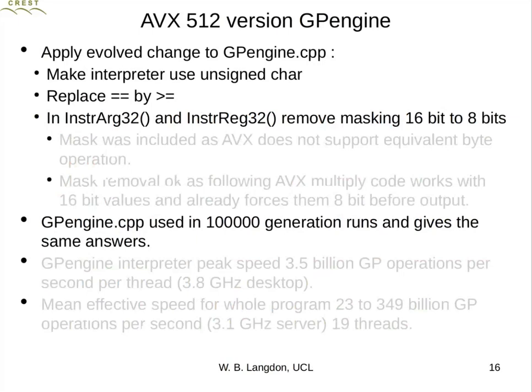And it provides its own masking so that the answer at the end is forced to 8 bits, regardless of the code that's been removed from the two support routines.